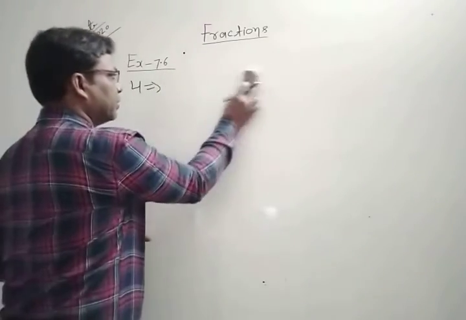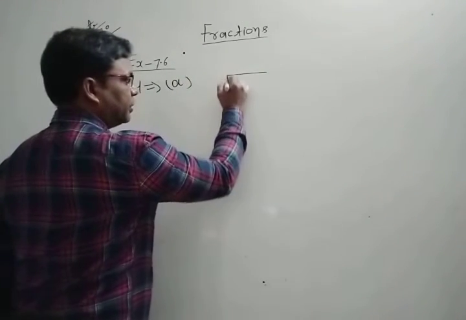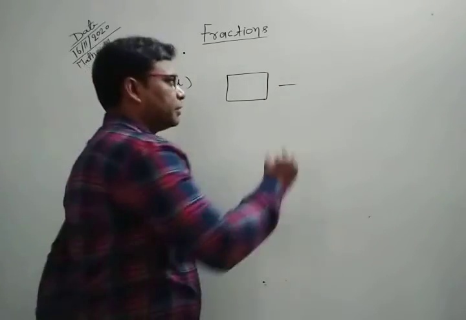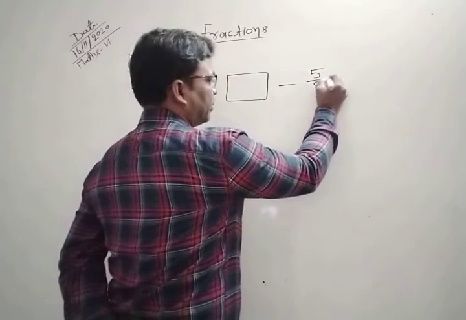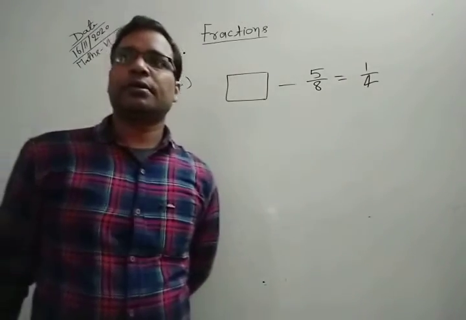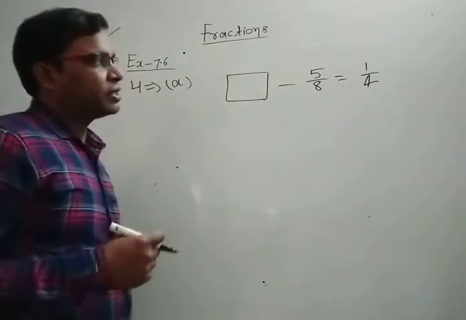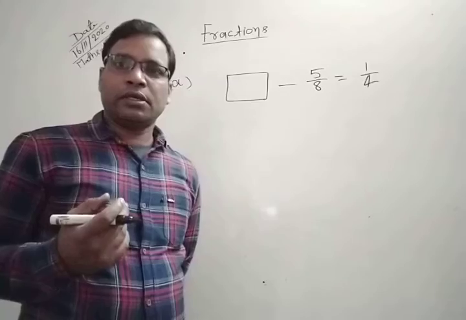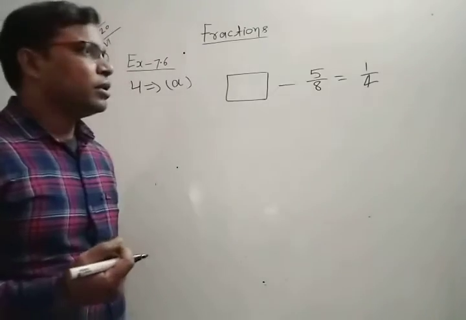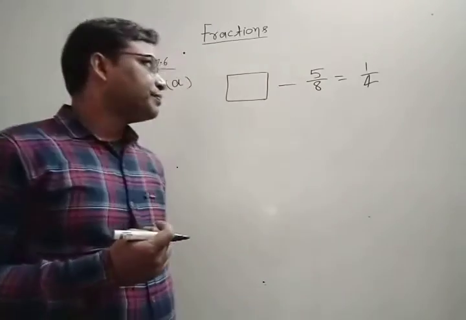This is part A: a blank space minus 5/8 is equal to 1/4. So fill in the boxes. What fraction do we subtract 5/8 from to obtain 1/4?